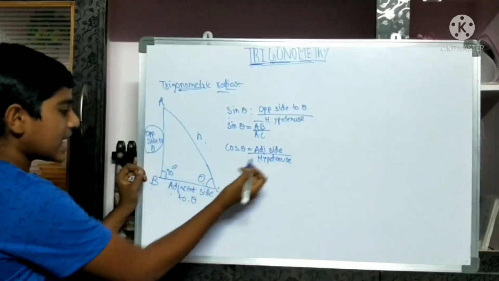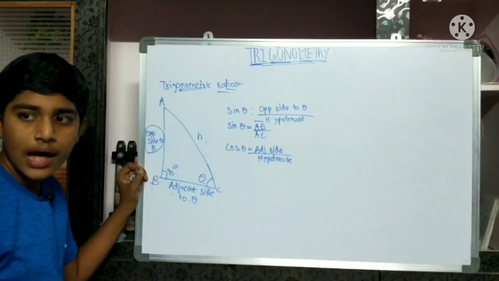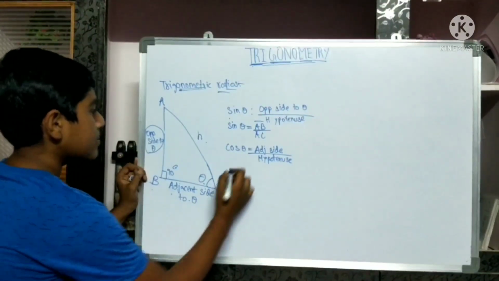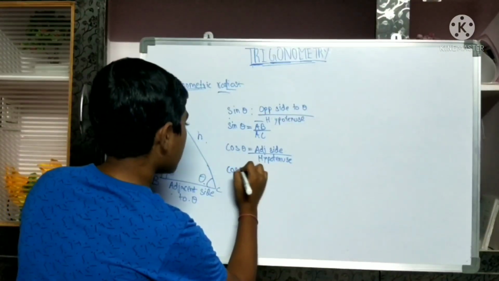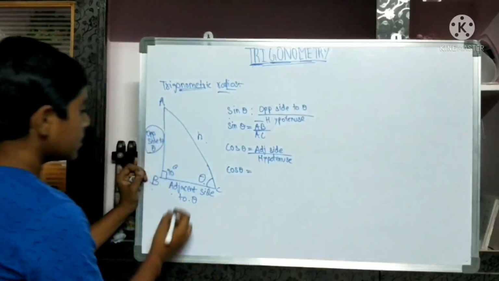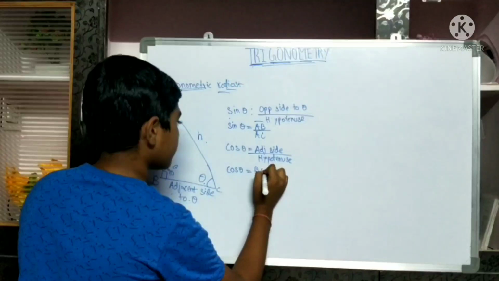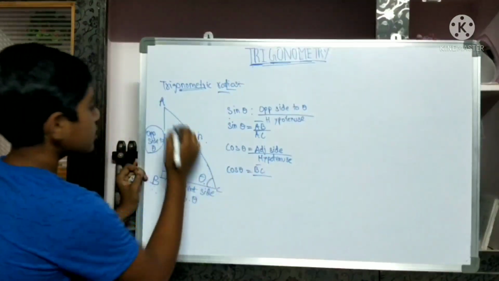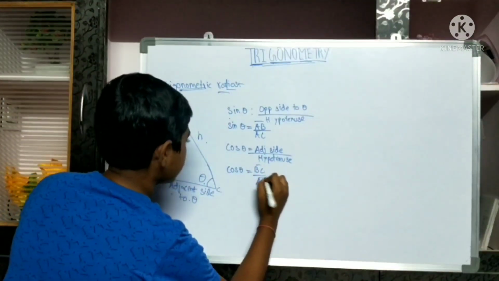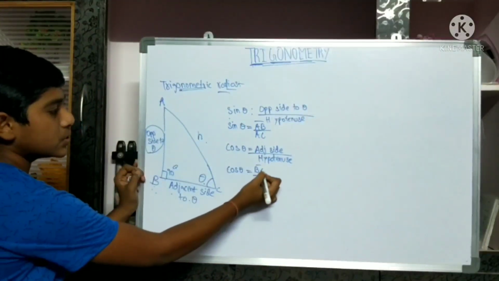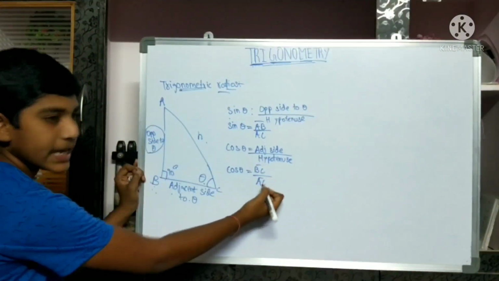The adjacent side to theta by the hypotenuse. That means the value of cos theta will be equal to, here the adjacent side is side BC, by hypotenuse AC. So cos theta is equal to BC by AC.